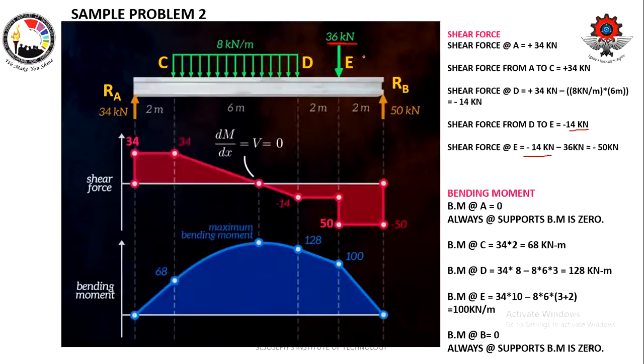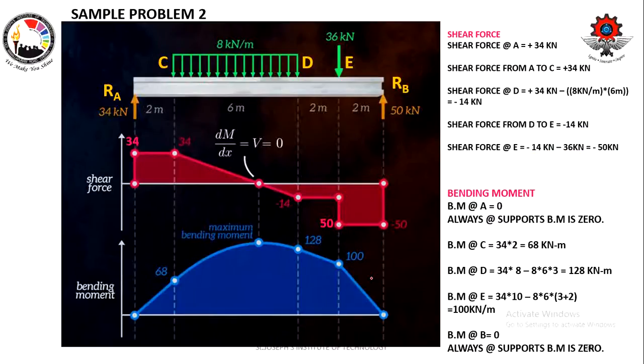What is the sign for downward force? When we are traveling from the left to the right of the beam, it is negative. So it is minus 36. Minus 14 already taken from the previous step, minus 14 minus 36, that is minus 50, right?